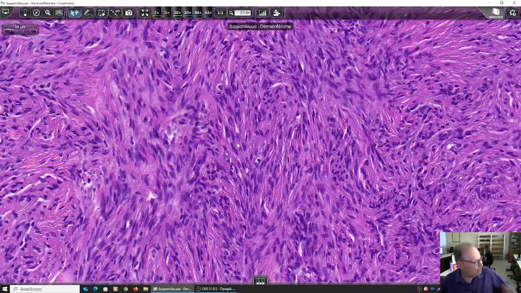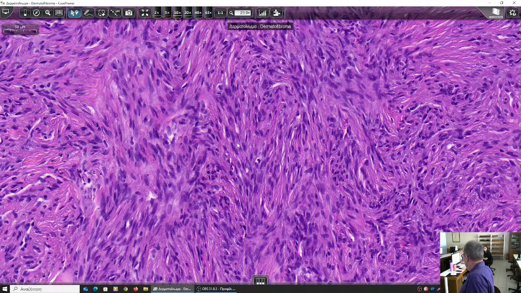Now, I want you to identify their shape and tell me of which tissue cells having this shape are the most possible source. What do they look like? How do we describe this shape of the cells? What do you think?